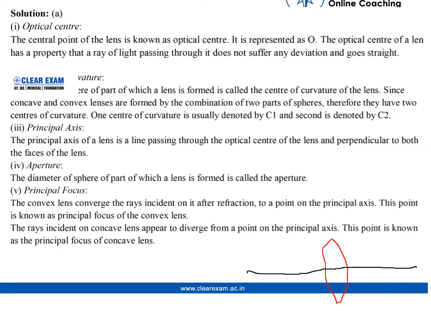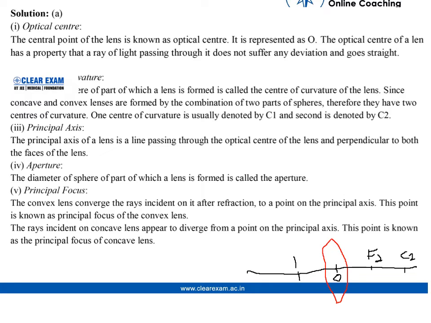This is O here, then focus here, center, and same side.